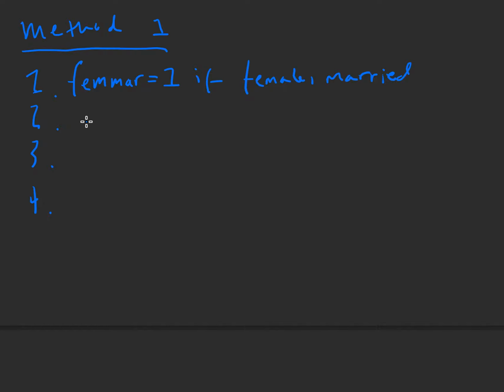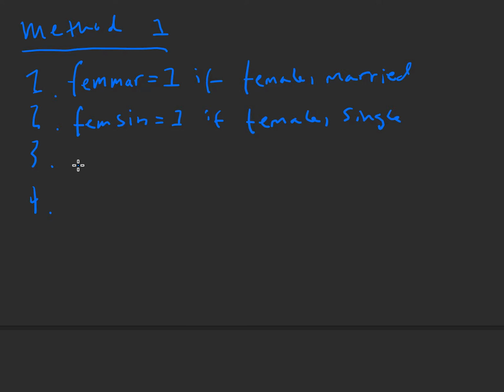We can generate a dummy variable FEMSIN, equal to 1 if female and single, 0 otherwise. This is for all the single ladies.